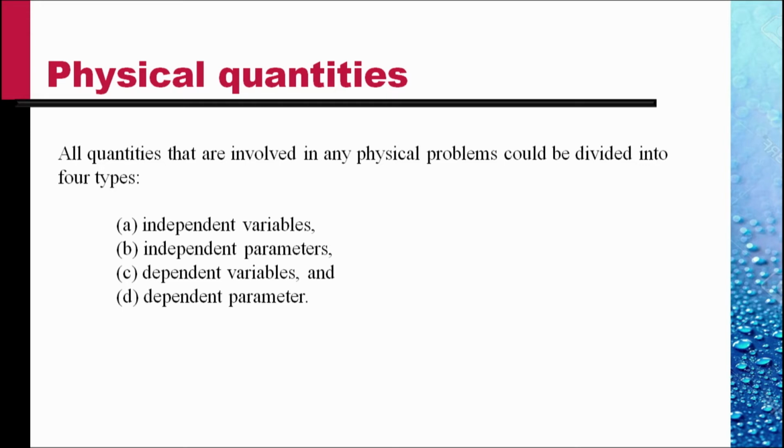There are 4 kinds of quantities that are involved in any physical problems. And these quantities are the independent variables, the independent parameters, the dependent variables, and the dependent parameters.